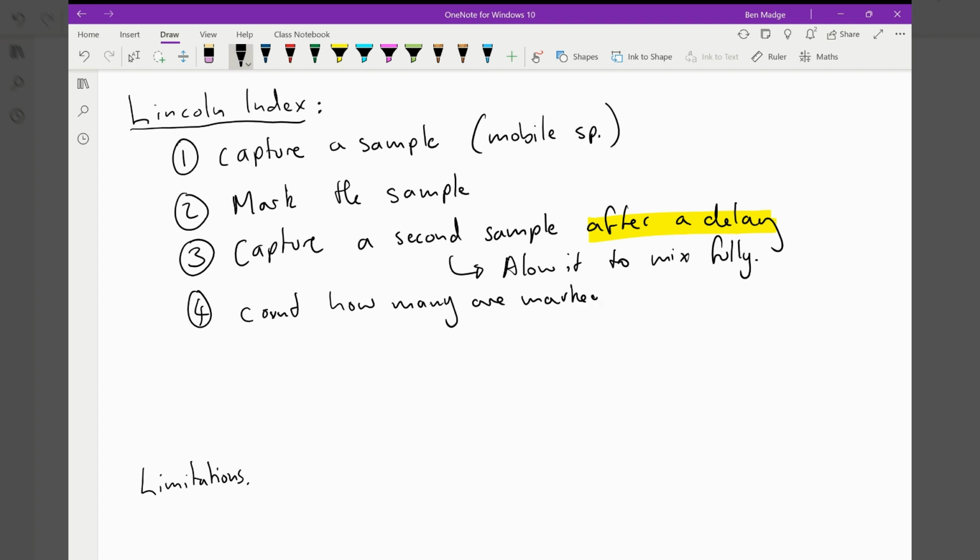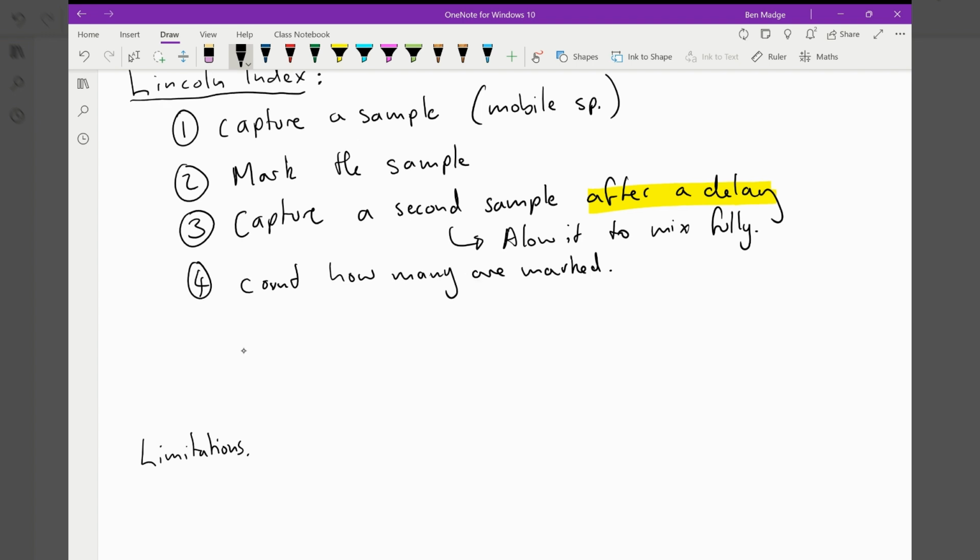And from this, we can work out a ratio basically and identify the total, or an estimate of the total population. So our formula is this. It is total population equals number in our first sample, so N1.